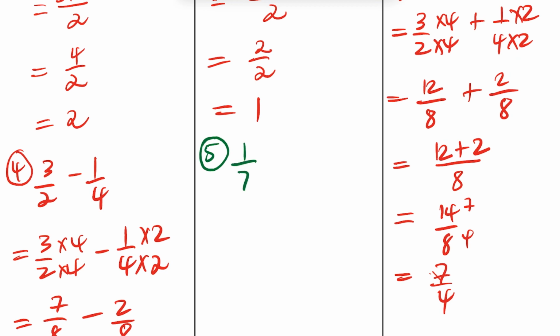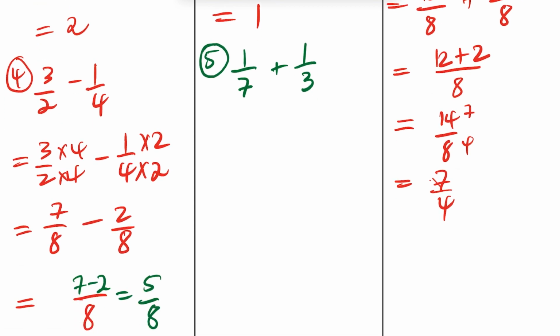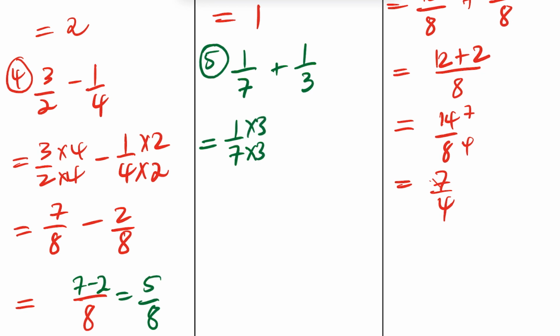Let's say it's 1 over 7 plus 1 over 3. Now denominators are not the same. Make sure the denominators are the same. How do you make them the same? I write the first fraction, I take the 3, I multiply by 3, and then plus, I take this fraction and multiply it by 7.